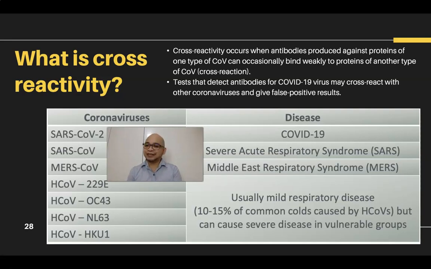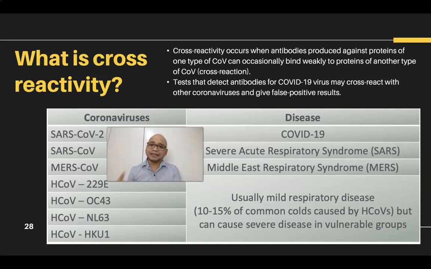So prior to SARS, there were actually four types of coronavirus: the human coronavirus HKU1, the human coronavirus NL63, the human coronavirus OC43, and the human coronavirus 229E. This particular coronavirus usually causes common colds, but can cause severe disease in vulnerable groups. So before the advent of SARS, these were the known coronaviruses.